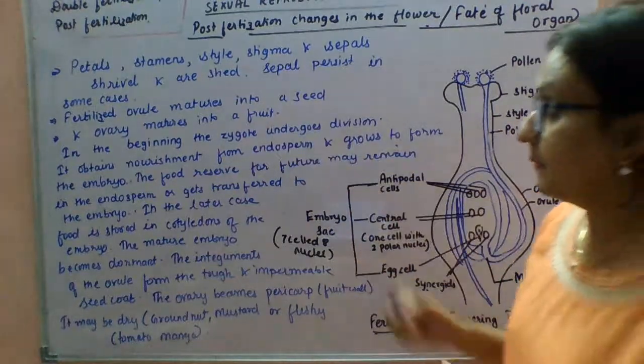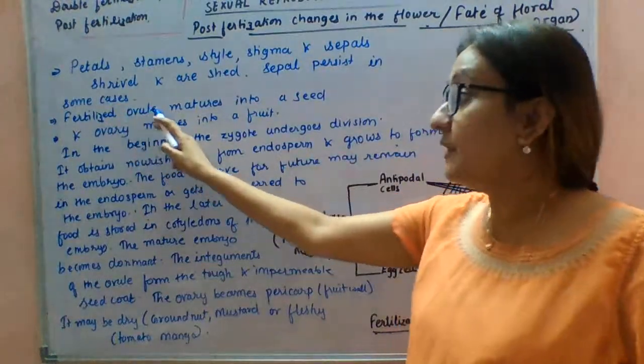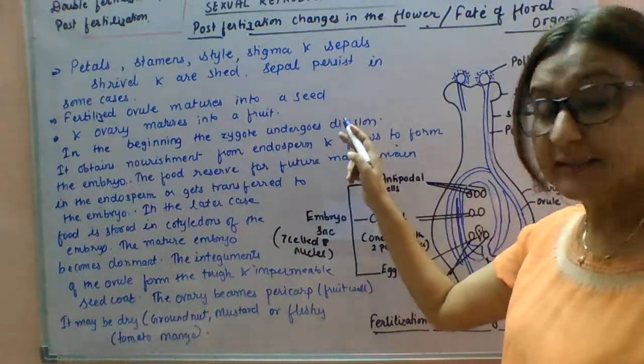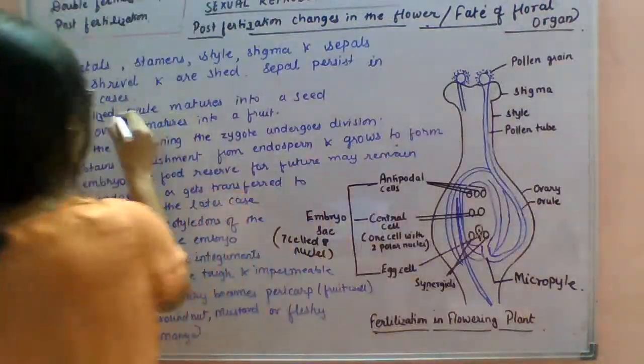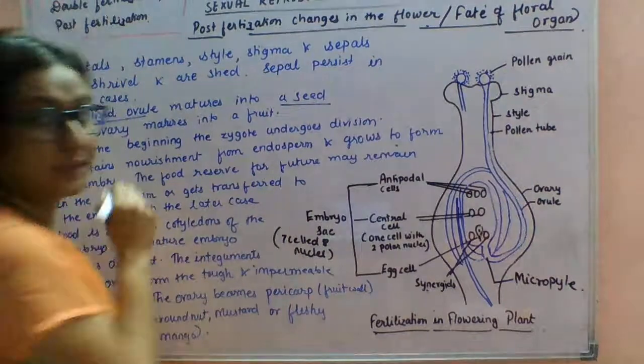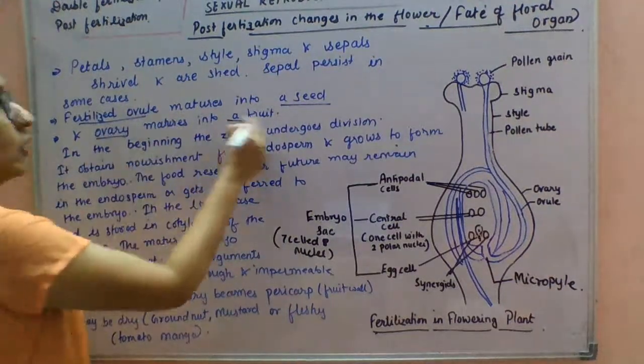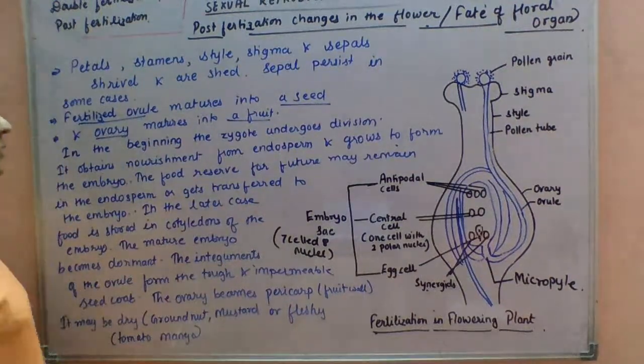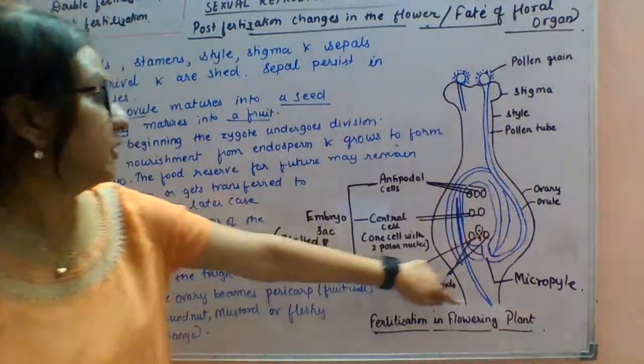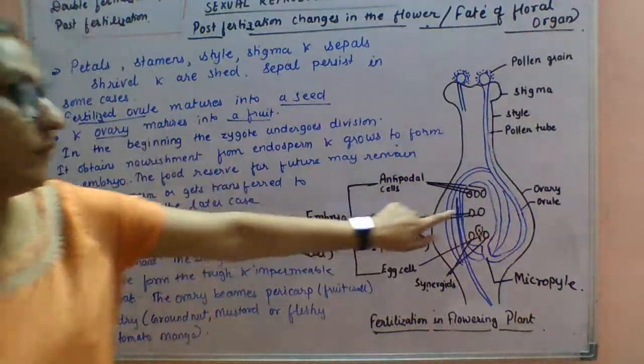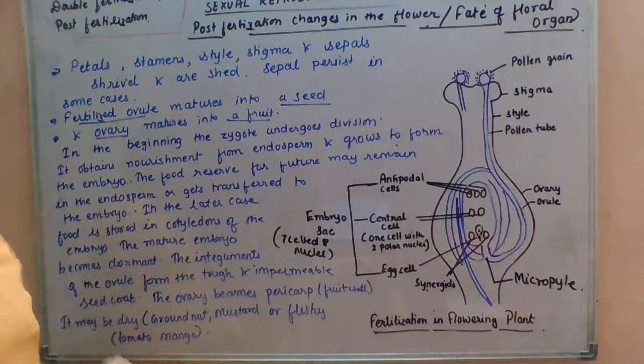Next, this is very important. The fertilized ovule matures into seeds and the ovary matures into fruit. So here the ovary matures into fruit, and the ovule inside it matures into seed.